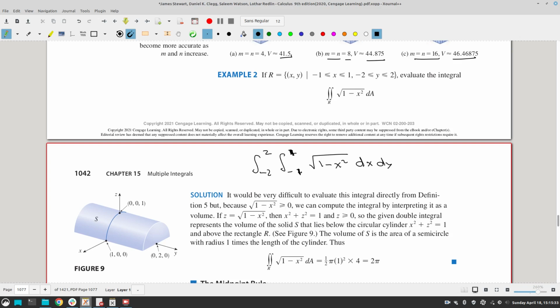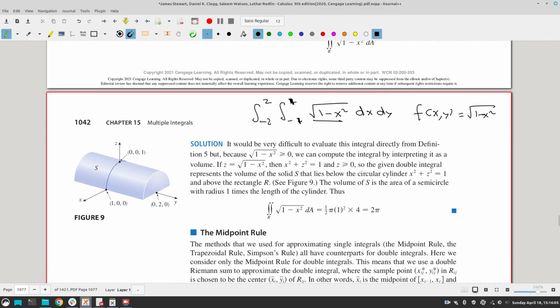So here's what we can do. The square root of 1 minus x squared is greater than 0, right? Notice that this surface, f of x, y equals the square root of 1 minus x squared, over this domain, meaning x goes from -1 to 1 and y goes from -2 to 2, is actually this half cylinder, right?